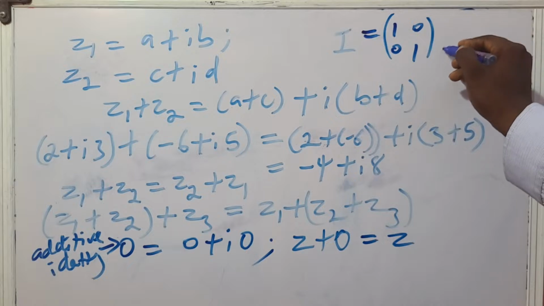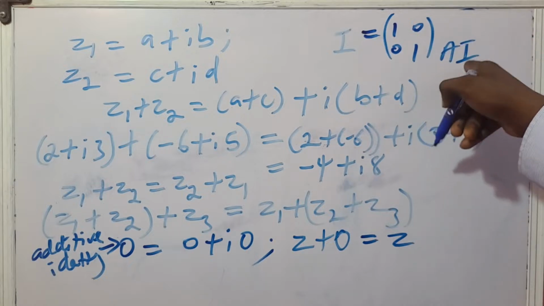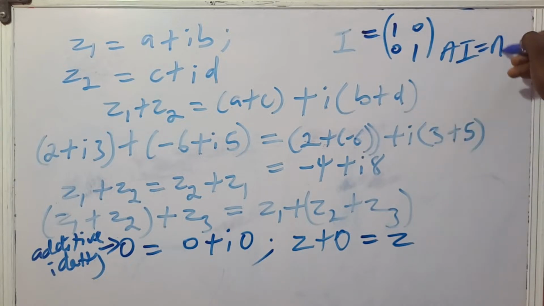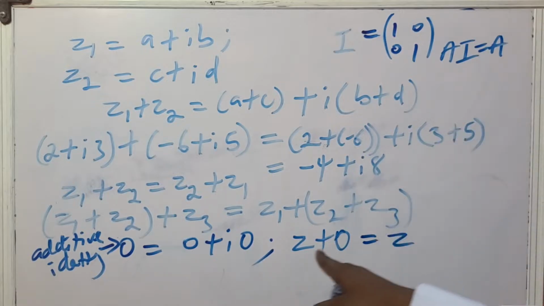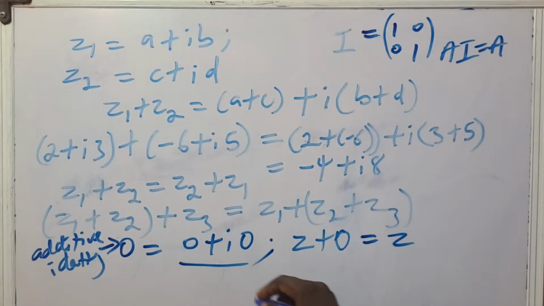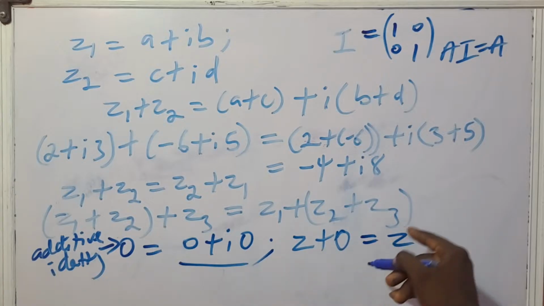When we're dealing with matrices, we said A times I will always give you A. The same thing goes under addition of complex numbers. If you have a complex number plus an additive identity, which this is an example of, you will always get the complex number back.